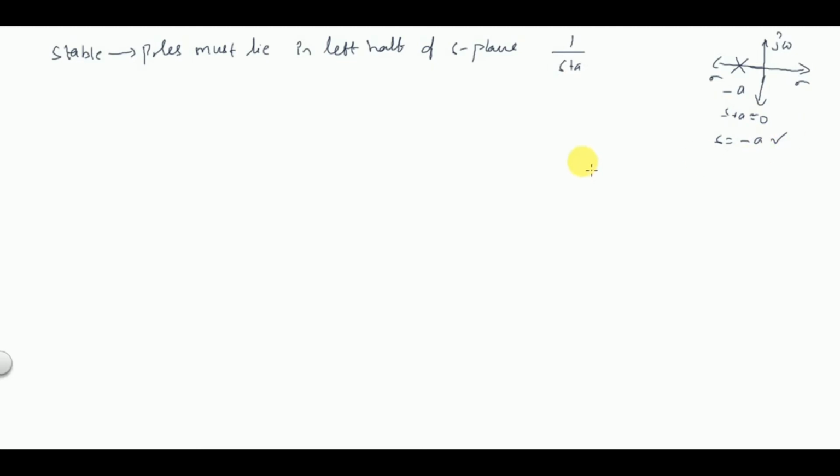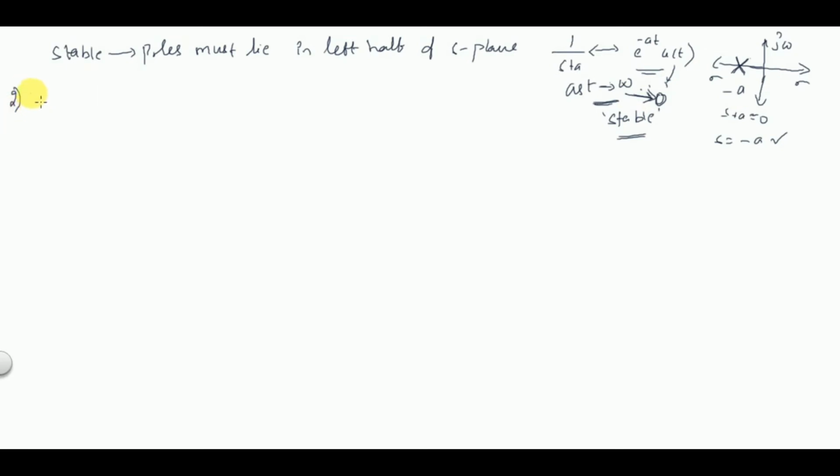This pole lies in the left half of the s-plane, and its time domain equation is e power minus at into u of t. As t tends to infinity, this output tends to 0, so it is a stable system.